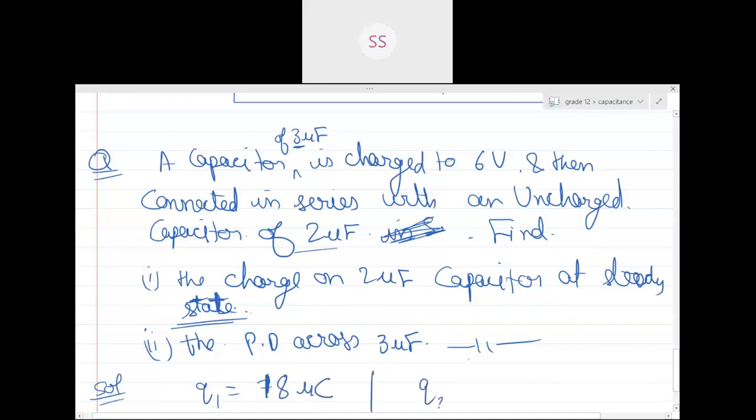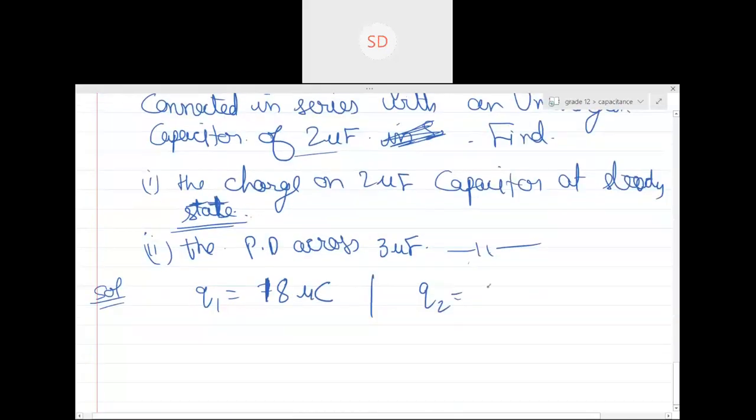And what is the initial charge on the second capacitor? Zero microcoulomb, right? So basically this is your Q1, this is your Q2. What is the common potential, by the way? The common potential will be equal to (18 plus 0) upon 5, which is basically 3.6 volts.